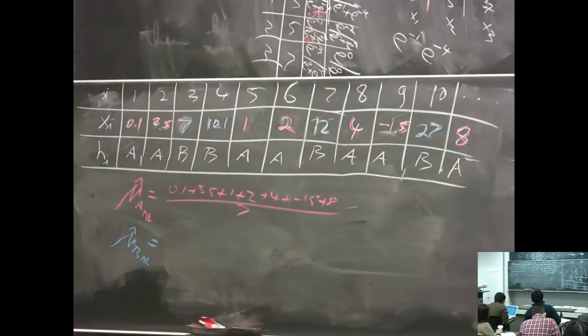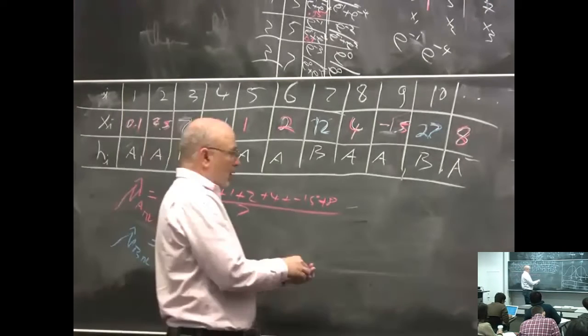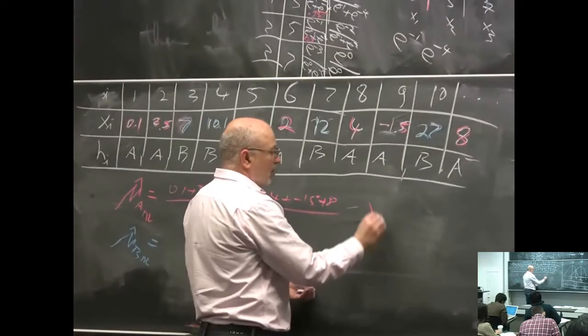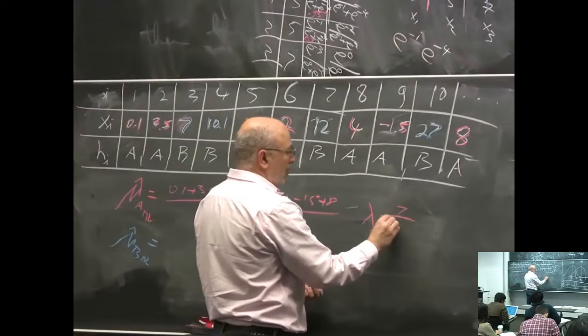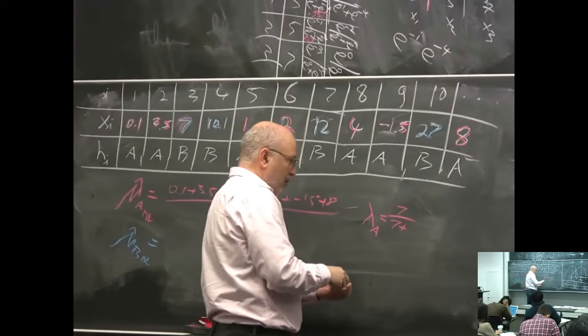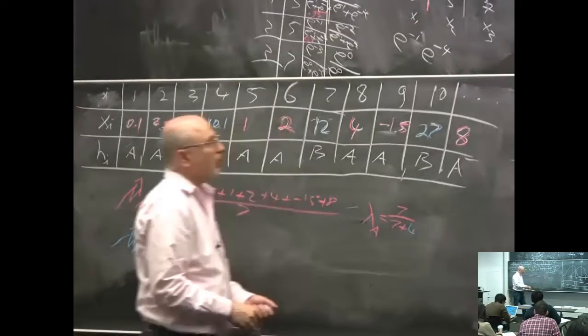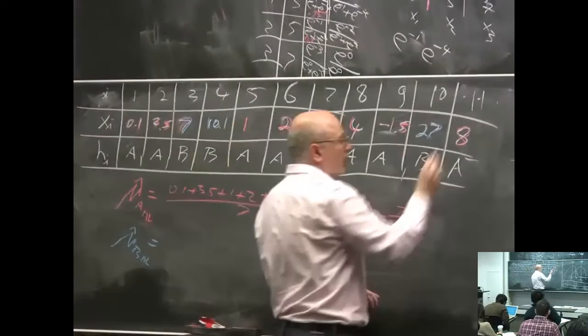In fact, I could extend my solution to cases where I don't know the standard deviation and I don't know the priors. I could estimate the prior on A to be 7 over 7 plus 4, right? 11.